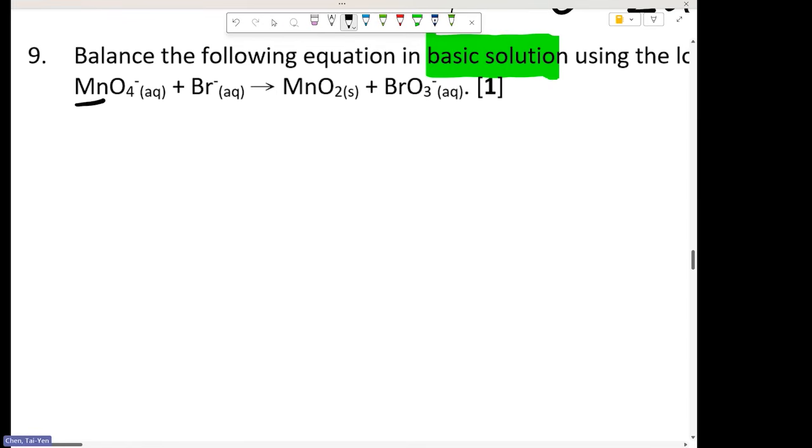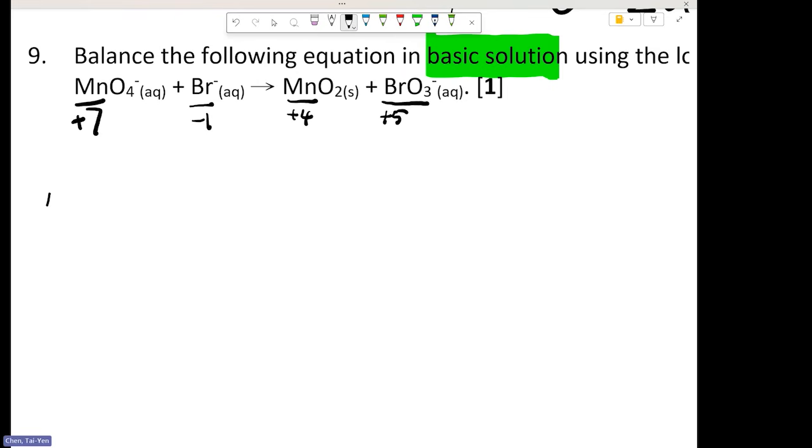Oxidation number of manganese: plus 7. Good. Br minus: -1. MnO2: plus 4. BrO3 minus: plus 5.